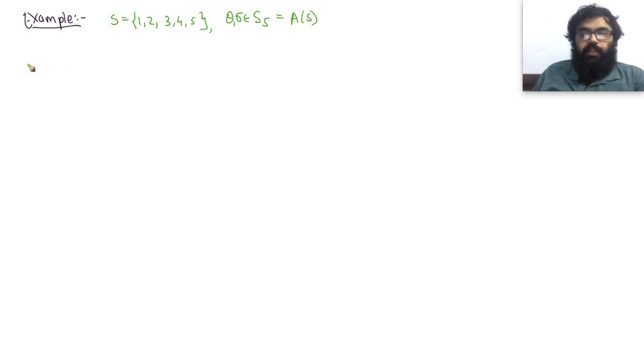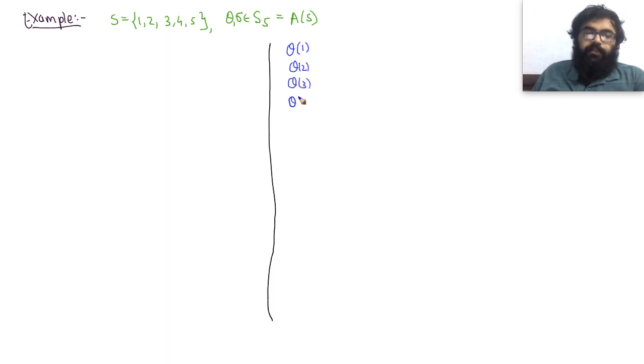So what is theta and what is sigma? Let us write theta of 1, theta of 2, theta of 3, up to theta of 5, as if we write theta as a function. And here we write sigma of 1, sigma of 2, sigma of 3, sigma of 4, sigma of 5.